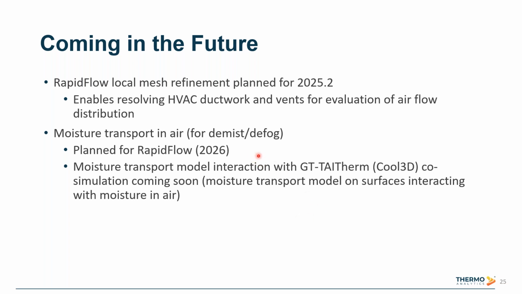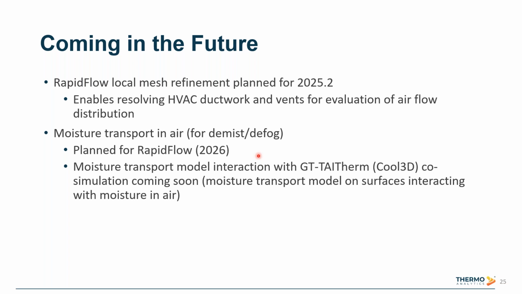All right, thank you. You mentioned local mesh refinement coming in the future. How will that benefit the workflow? Yeah, so if you remember the image of the grid, it was a uniform Cartesian grid. So if we want to increase the refinement near the windshield, or get the exact representation of the airflow distribution coming out of the vent and the interaction with the louvers and things like that, we can't really right now efficiently mesh that with a Cartesian uniform mesh, right?